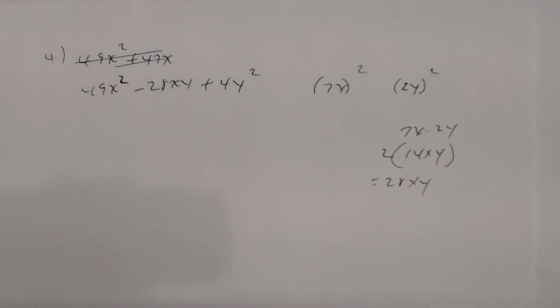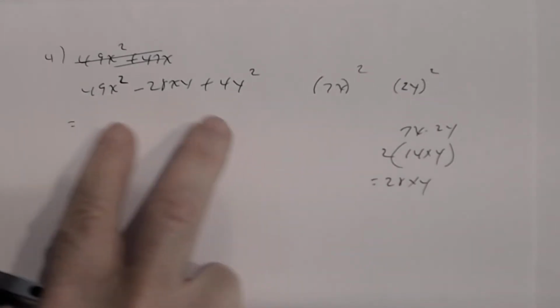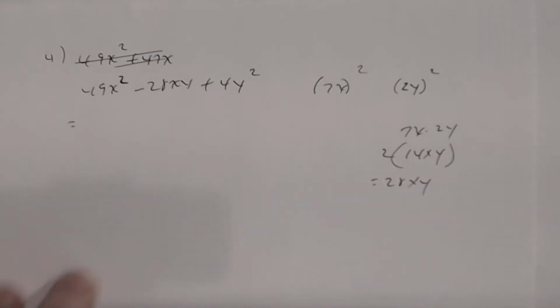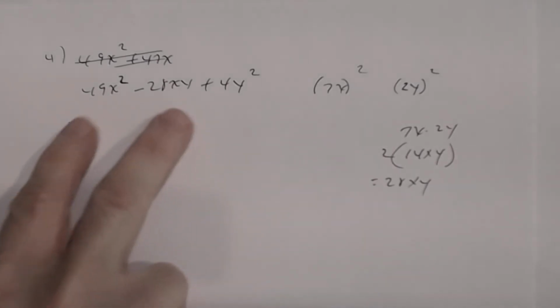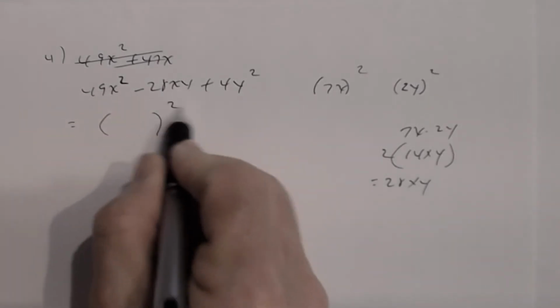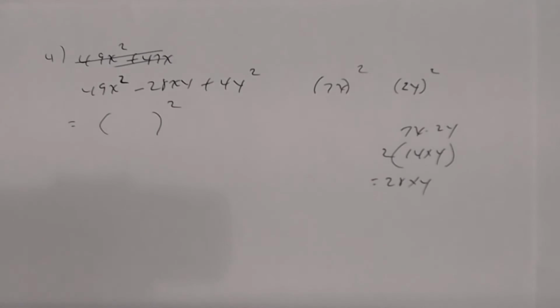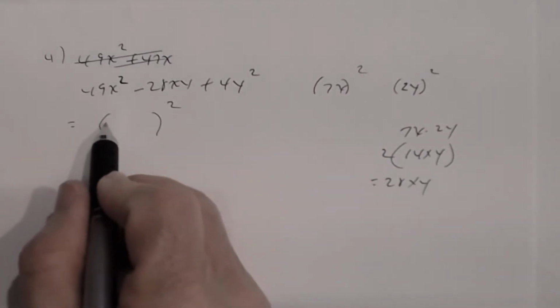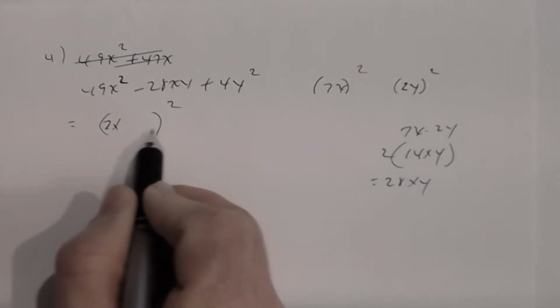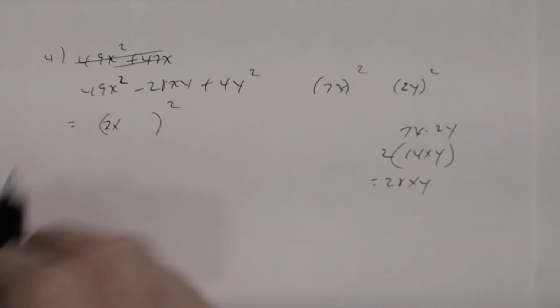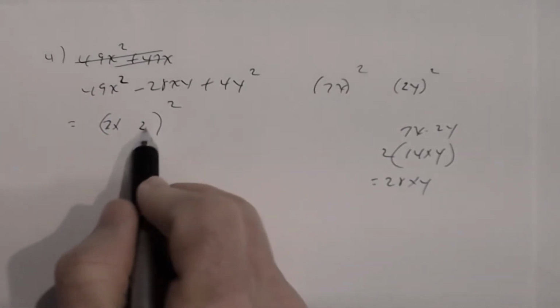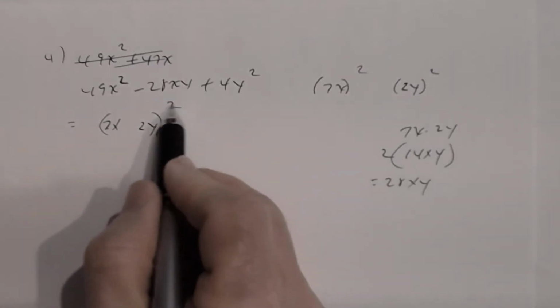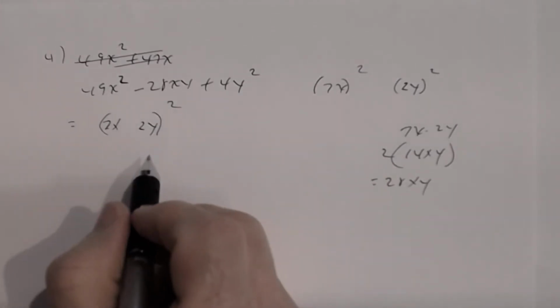And what that means is this. If you can recognize a perfect square trinomial, then you can get the answer real quick. It's just going to be a binomial squared, a binomial times itself. And it's going to be those terms that are inside the parentheses. So 7x times itself is 49x squared. 2y times itself is 4y squared.